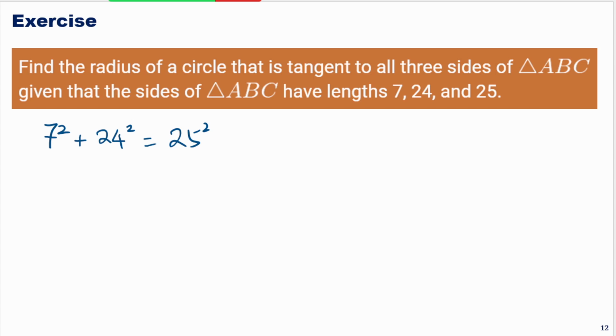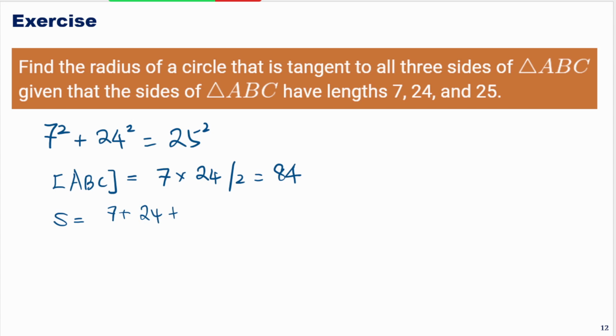So we can easily find the area of triangle ABC equals 7 times 24 over 2, which equals 84. Since we can also find the semi-perimeter, you can find the inradius as well. Semi-perimeter equals (7 plus 24 plus 25) over 2, which equals 28.